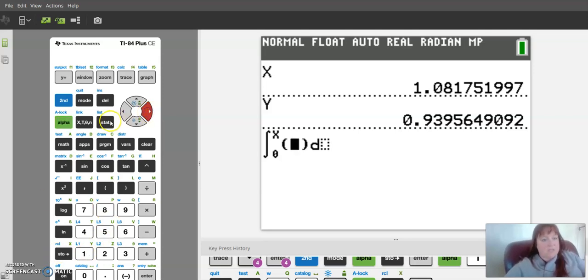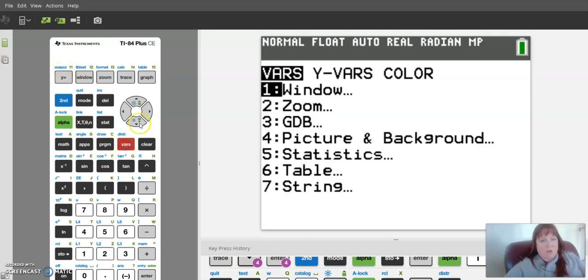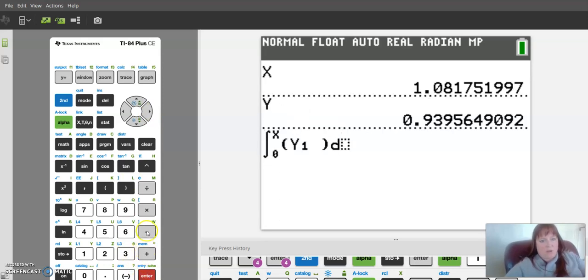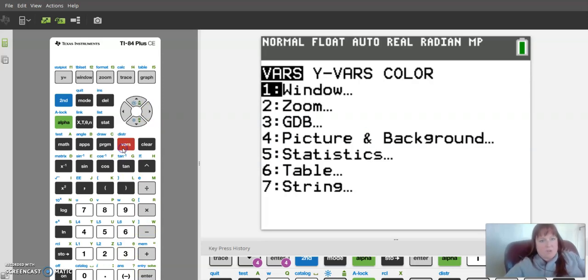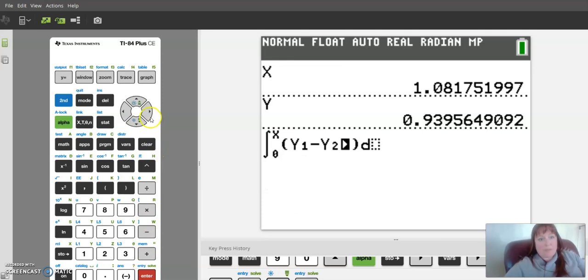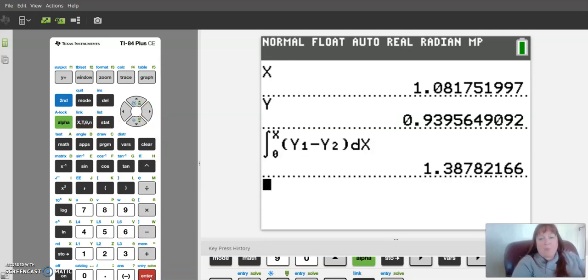Then we take our top curve, y1: vars, y-vars, function y1, minus vars, y-vars, function y2, and we're integrating with respect to x. We push enter and we get 1.3878. We can round or truncate; 1.387 is what I would prefer. That is the area in between the two curves.